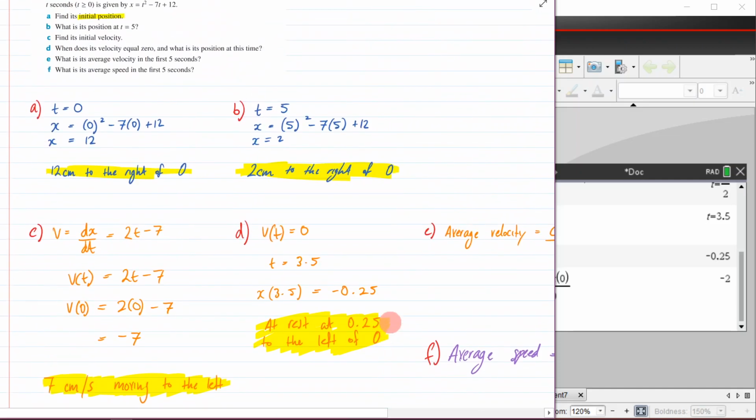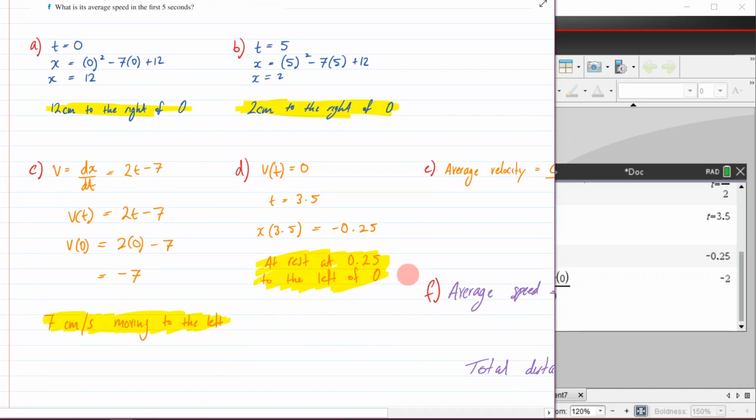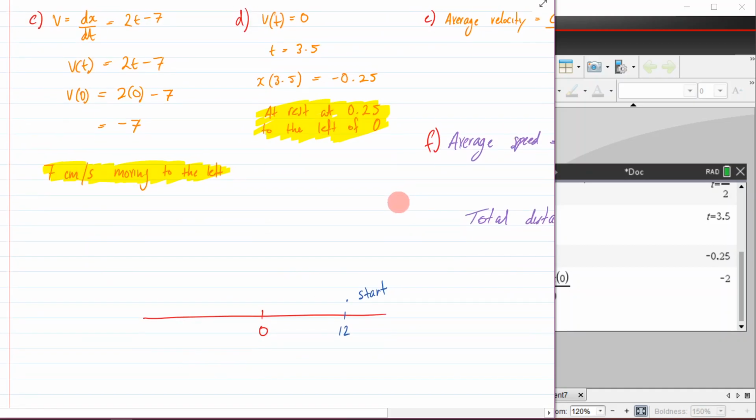Okay, next. The next thing I want to put down is my stationary point. My stationary point is at rest at -0.25. So 0.25 to the left, it would be like here, minus 0.25. That's where I'm stopping.